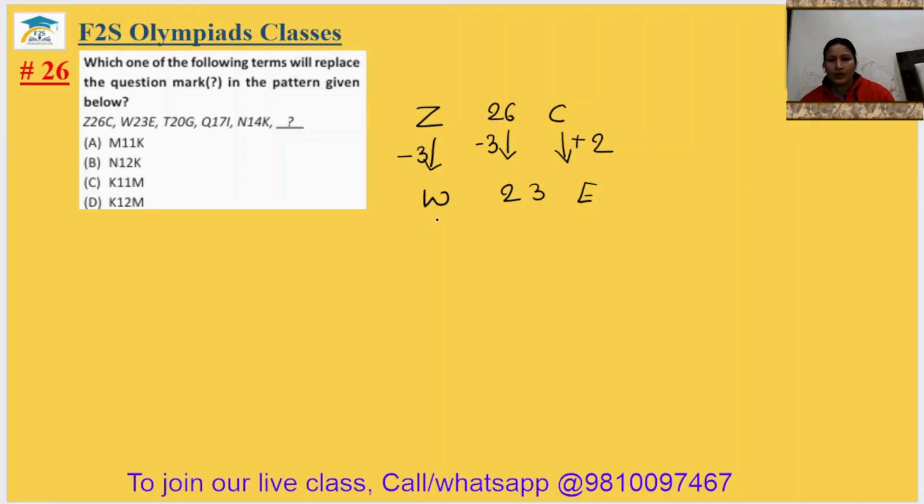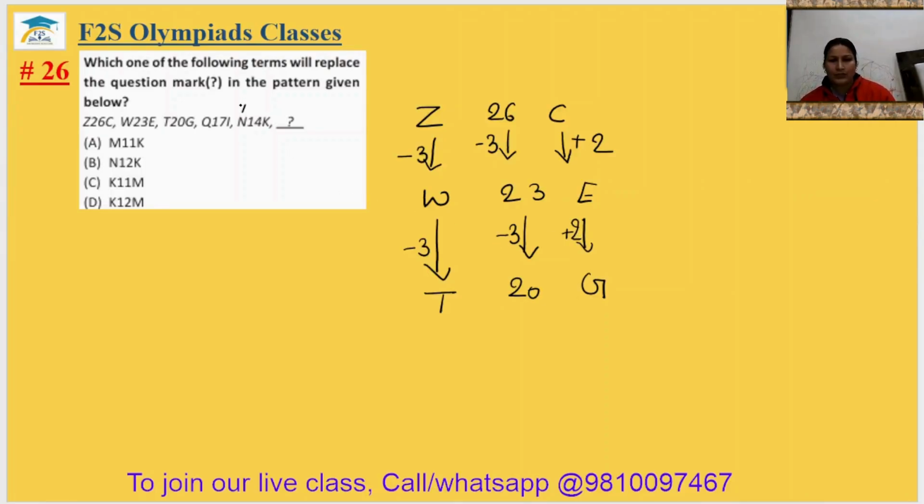Again it is minus 3, so this becomes T. Again minus 3, so this becomes 20, and there is plus 2, so E to F G it is. It means we have just found the pattern minus 3, plus 2.